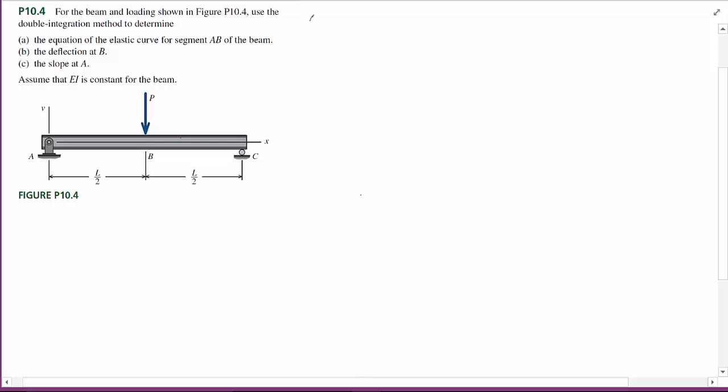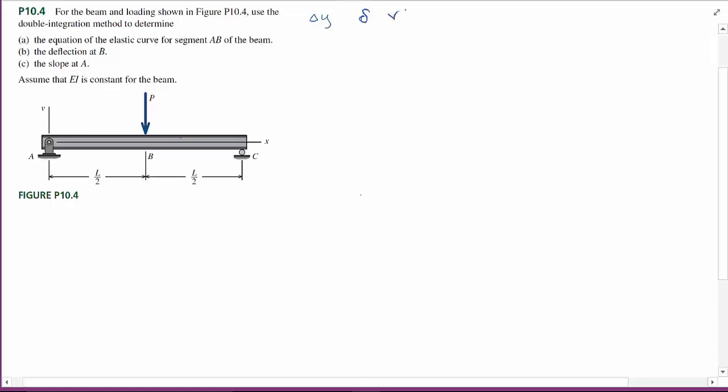So some notation, you'll see delta y is deflection, or in some textbooks they use lowercase delta. And this textbook that we're using right now uses nu.